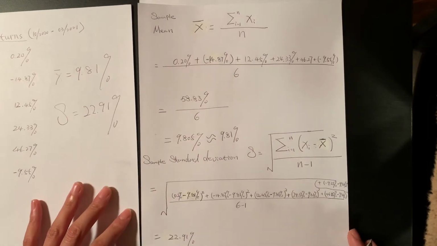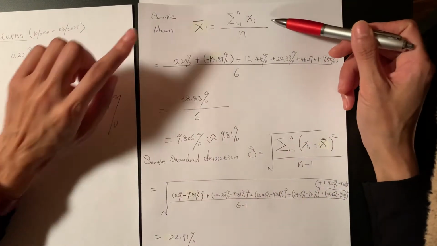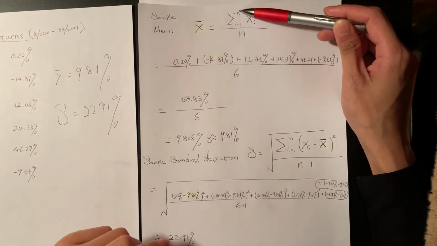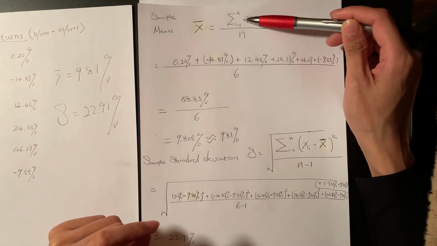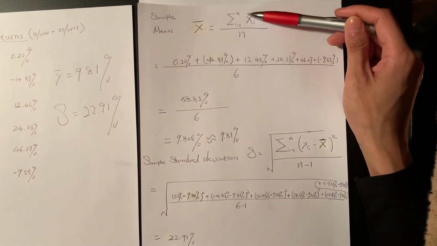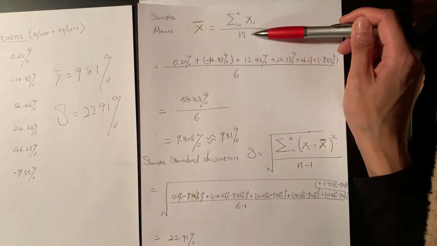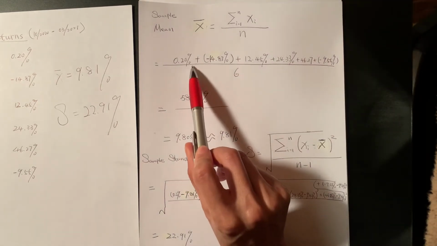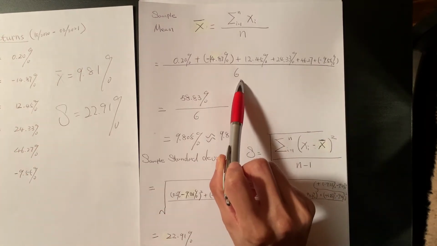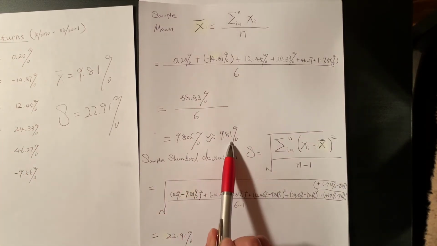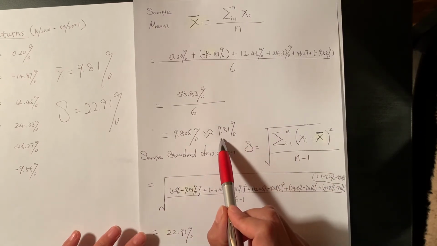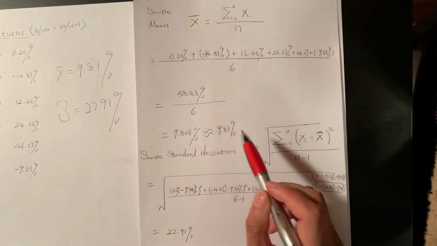The formula for the mean is basically the sum of all the entries, the returns, divided by 6, the number of data points. You add them together, then divide by 6, and you get the mean of the return, which is the average return, also called the expected return.